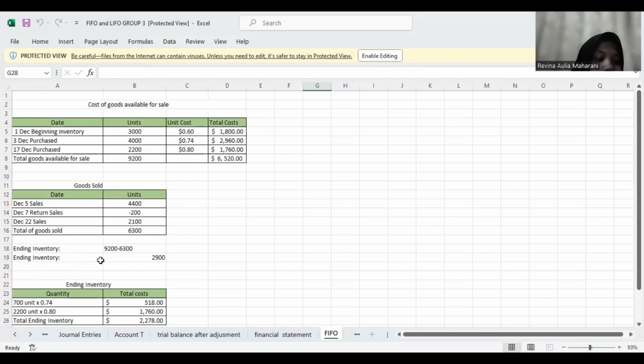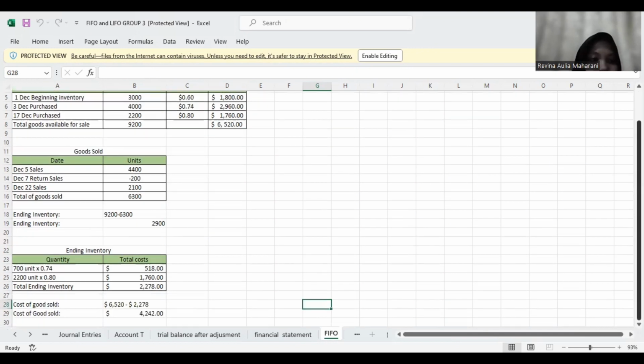For ending inventory, we take the cost of goods available for sale minus goods sold. The total is 2,900 units.